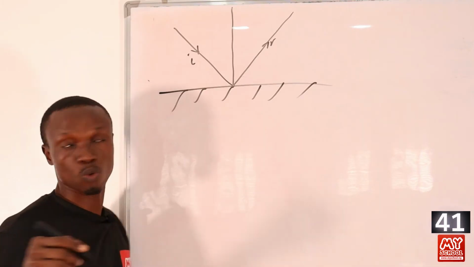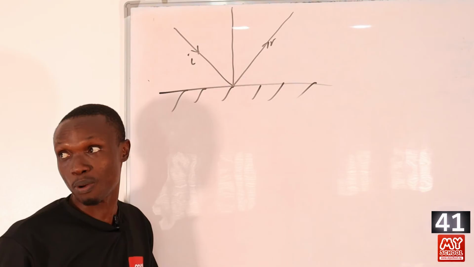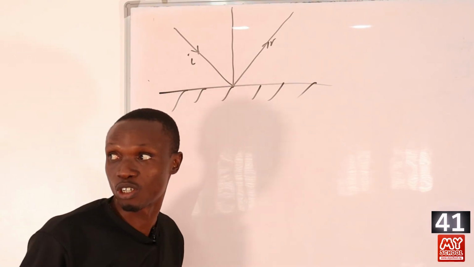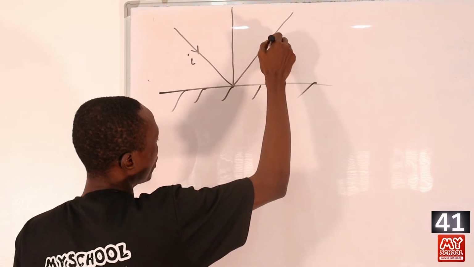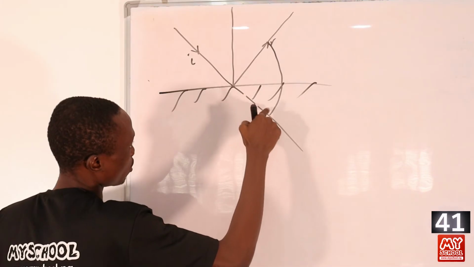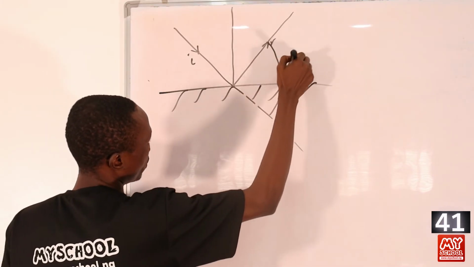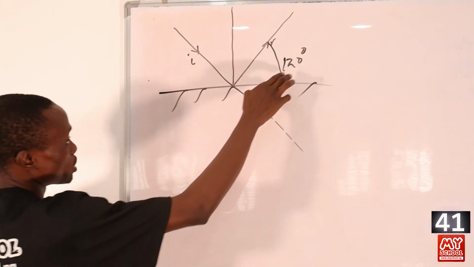According to the question, we are told that the engineer intends to deviate a light ray from its path by 120 degrees through reflection from a plane mirror. So from here to here, let's assume that these are 120 degrees. That means the angle of deviation has been given to us to be equal to 120 degrees.